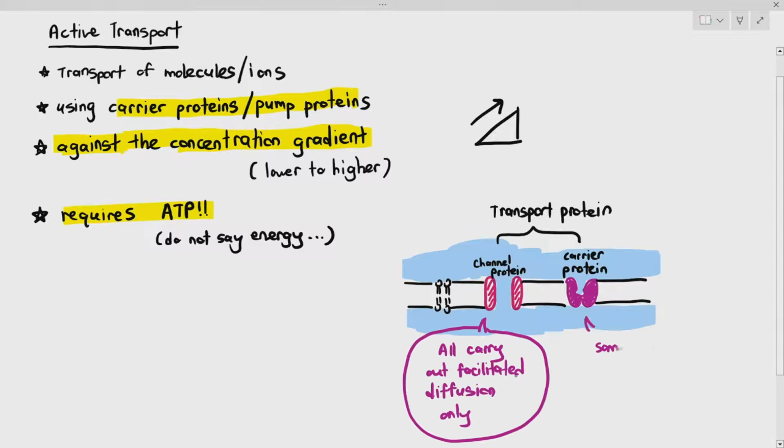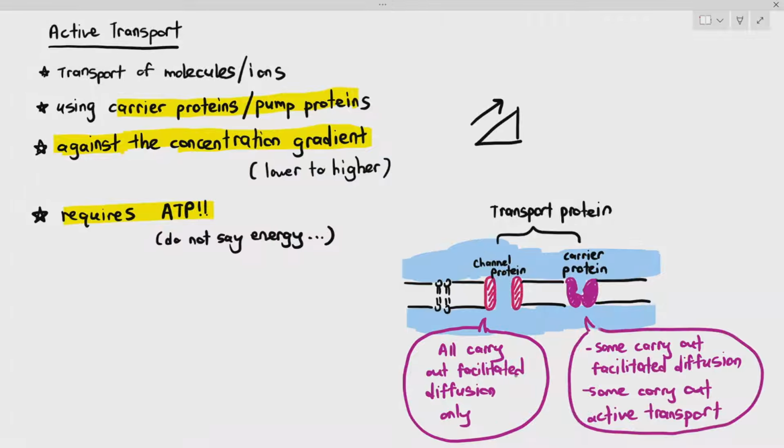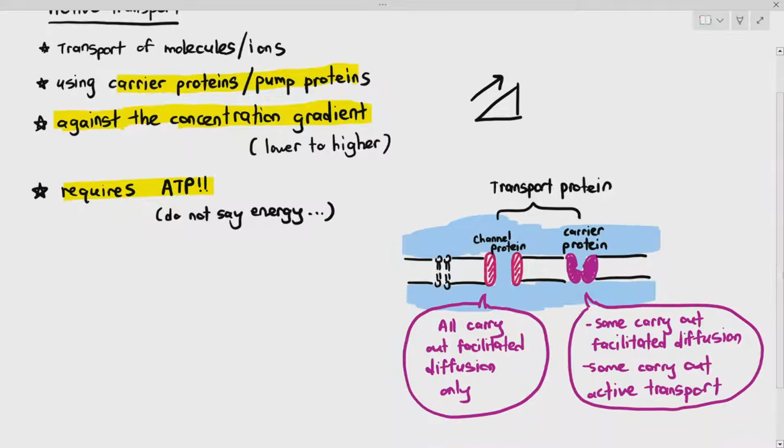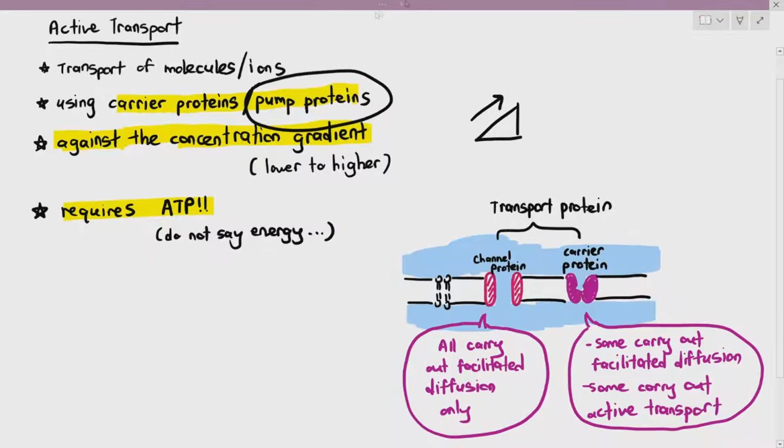If the function of the carrier protein is in active transport, we usually use a different word called pump proteins. So students will ask then, which protein do I mention in the exam? Both proteins are possible to mention in the exam, carrier proteins or pump proteins, but never channel proteins.